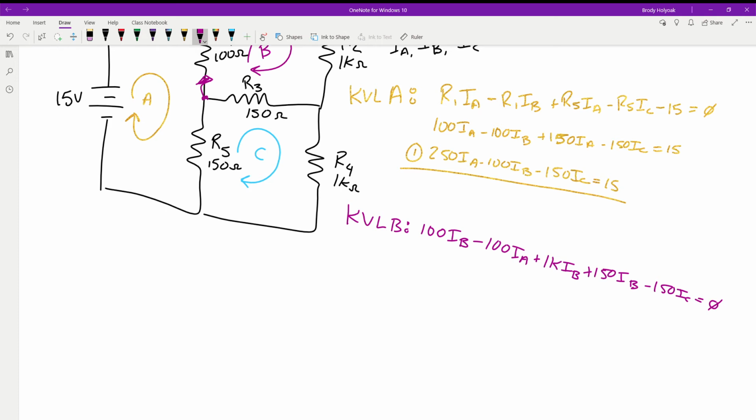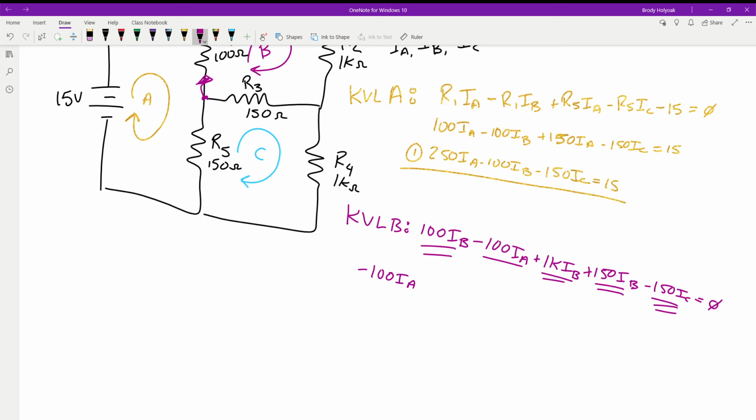Now we're going to combine all of our terms together. We have 1 IA and 3 IBs, and 1 IC. So we've got minus 100 IA. We've got 100 IB, 1000 IB, and 150 IB.